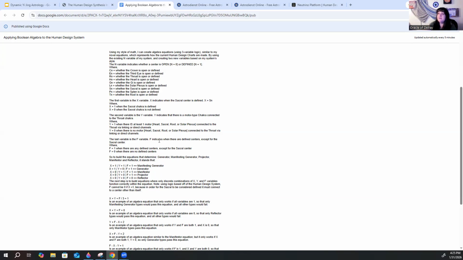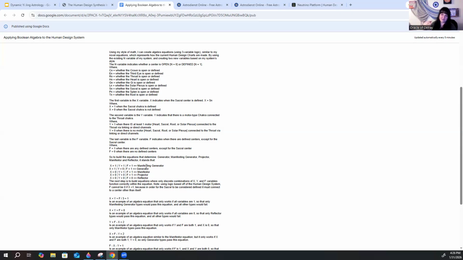The F variable indicates when there are defined centers except for the sacral center. So manifestors and projectors will have defined centers except for the sacral, so they will always have an F of 1. And by default, generators and manifesting generators will also have centers other than the sacral center defined, because the sacral can't define itself.